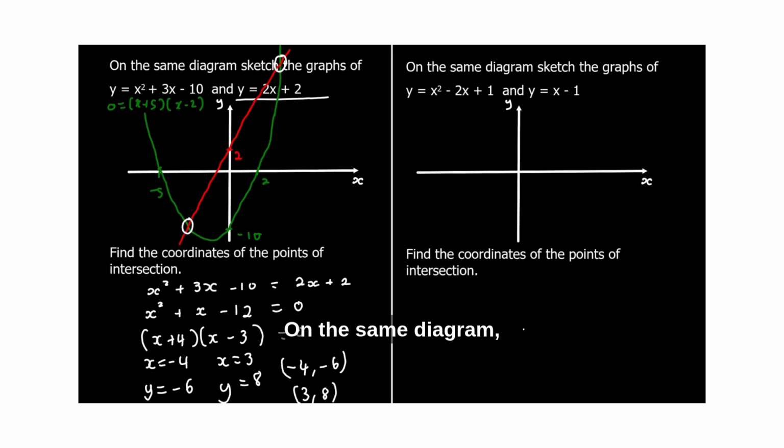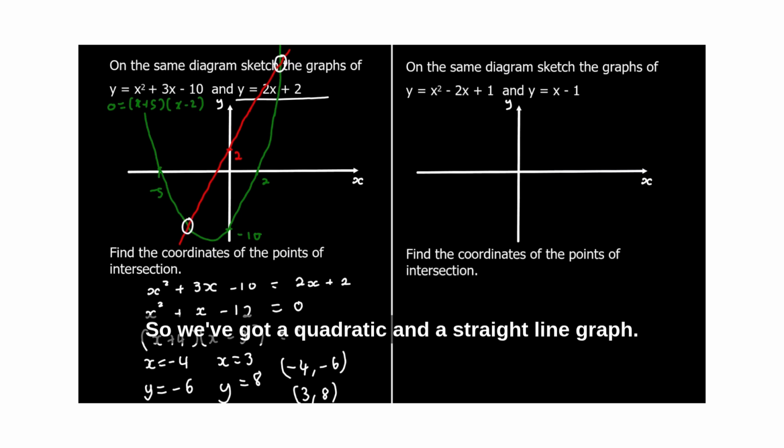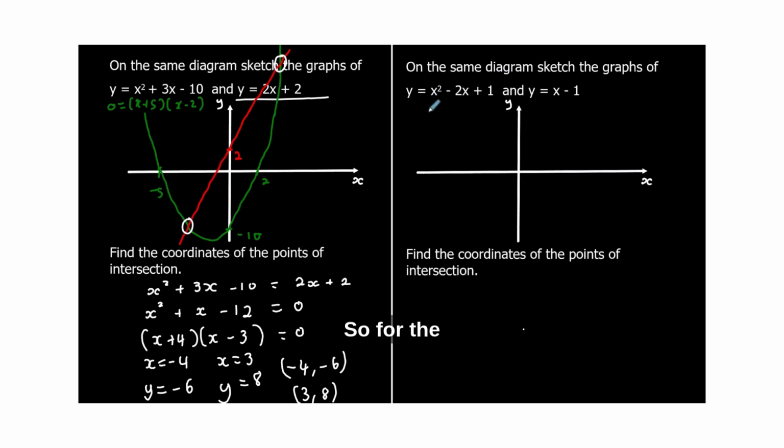On the same diagram, sketch the graphs of y equals x squared minus 2x plus 1 and y equals x minus 1. So we've got a quadratic and a straight line graph. For the quadratic, it crosses y when x equals 0. When x equals 0, we get 1.